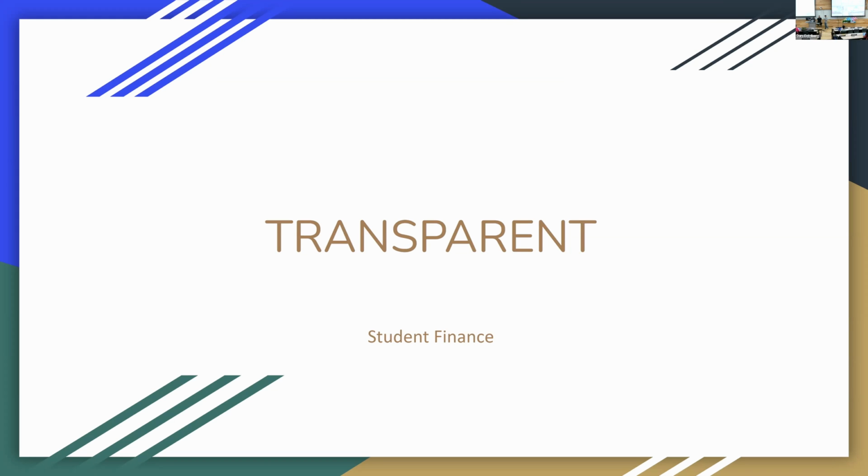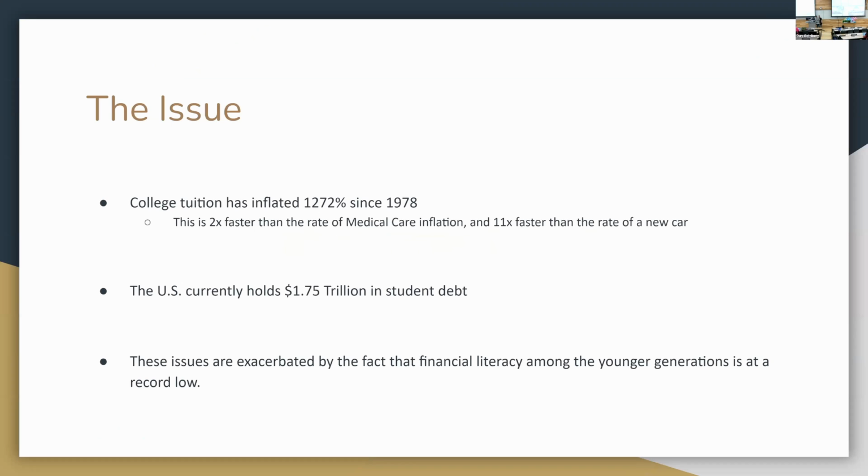So this is Transparent. And I want to actually start with why we made it. College tuition since 1978 has inflated about 1,272%, which is the highest of any inflation rate in a basket of goods that economists have measured in that time period. This is about 2 times faster than the rate of medical care inflation, which obviously gets a lot of attention, and about 11 times faster than the rate of a brand new car.